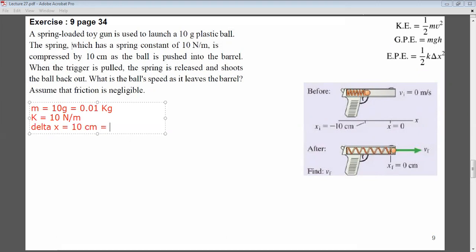The 10 centimeter is 0.1 meter. I divide by 100. Here, divide by 1,000. Here, divide by 100.